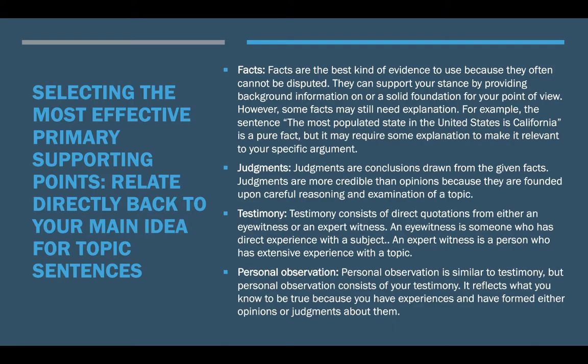Personal observation. So personal observation is similar to testimony. Personal observation consists of your testimony. So sometimes you may want to include your own information in there. Say, for example, if it's a subject that relates directly to something that is important in your life. As I mentioned before, you want to try and avoid using first person as much as you can in your writing.